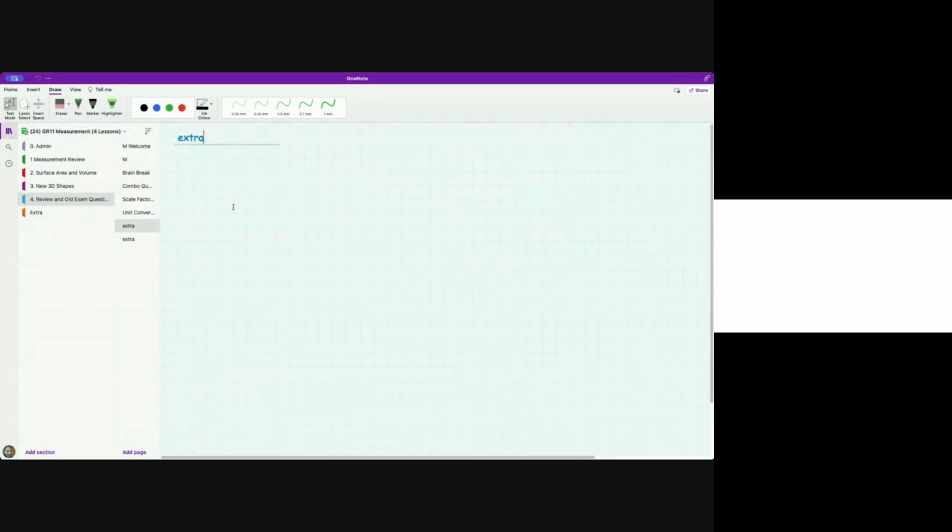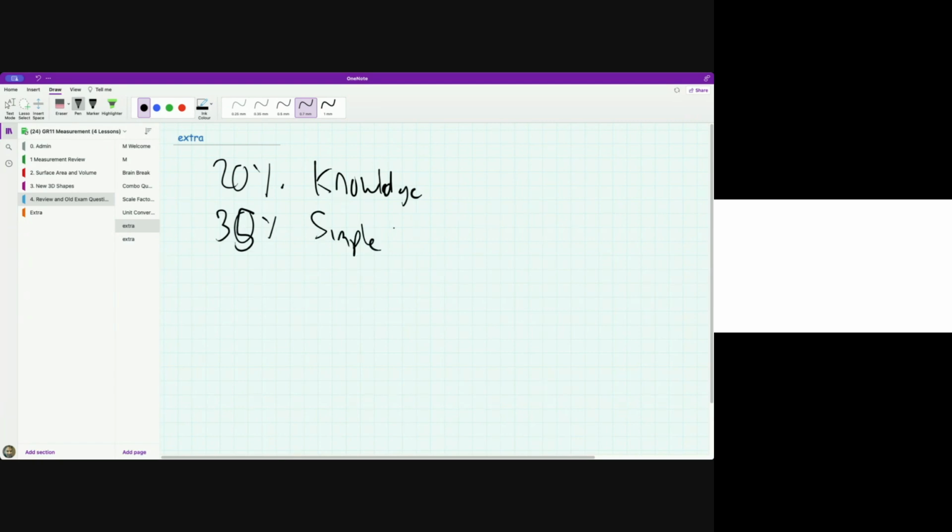So you know what I would do is all exams have this structure where 20% of it is going to be pure knowledge and about 30% or 35% is going to be simple procedures. Then after that, there's going to be another 30% for complex procedures. And then there's going to be 15% for problem solving.